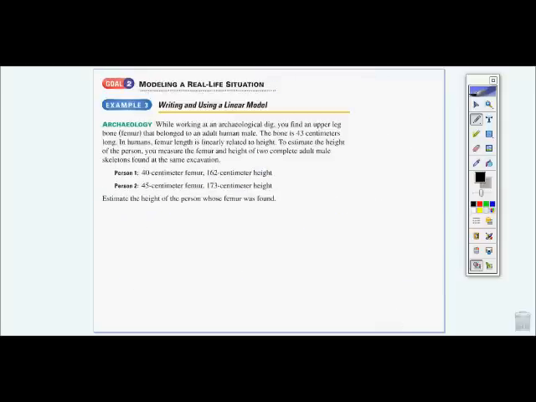Our last example is going to be the real life situation. We're going to look at an archaeological dig. We noticed that person 1 found a 40 centimeter femur and it was 162 centimeters in height. The next one was 45 centimeters and 173 centimeters in height. We're going to change those into coordinate points.